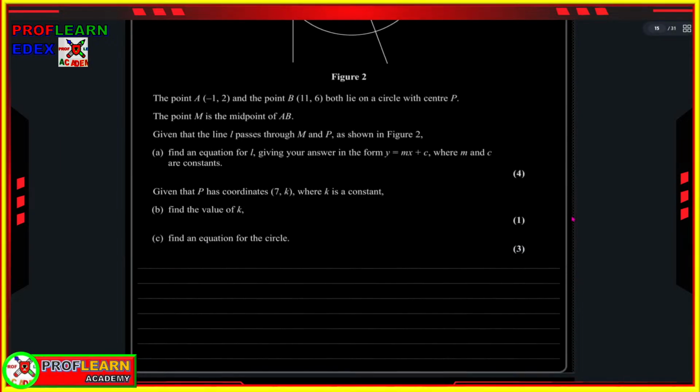For us to find the coordinate of M, we are going to find the midpoint of AB.